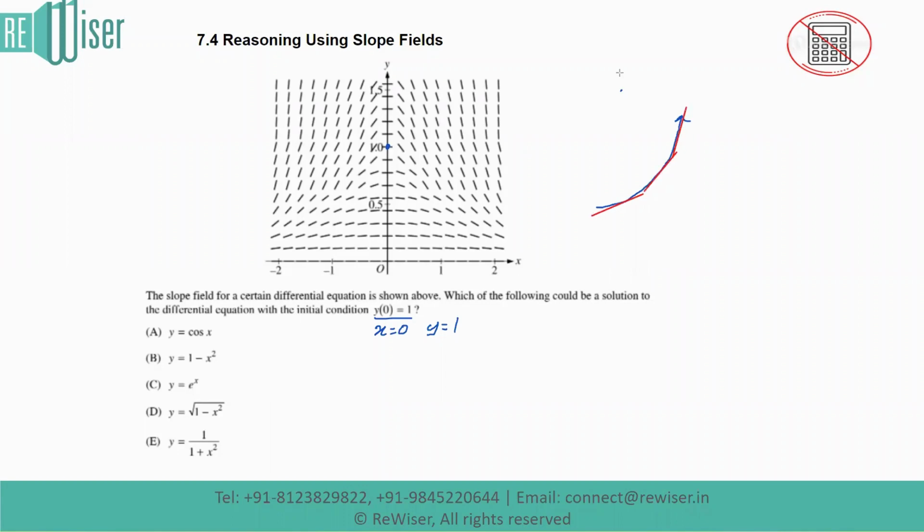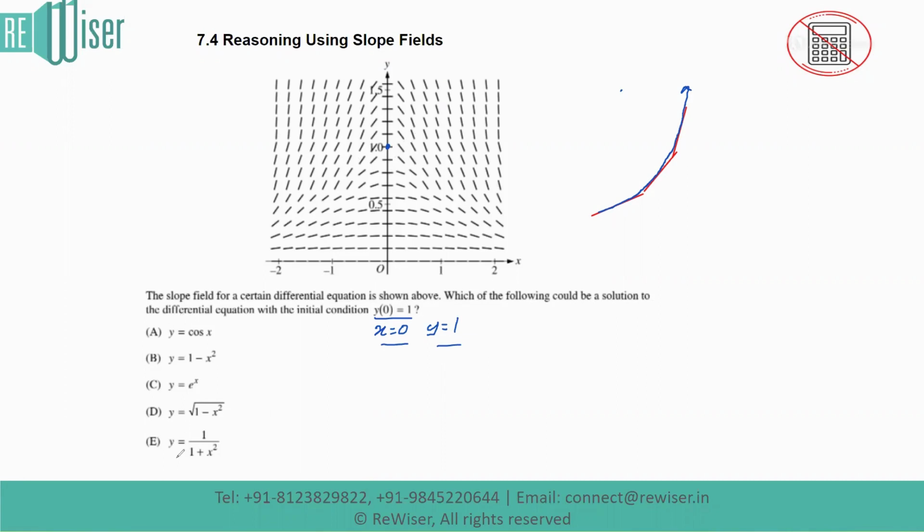The vice versa is also true: if just the tangents are given, we can think about drawing the curve, and it would look something like this. So we clearly know the gradient at x equals 0 and y equals 1 is just 0 itself.